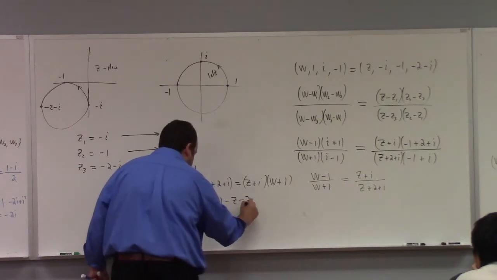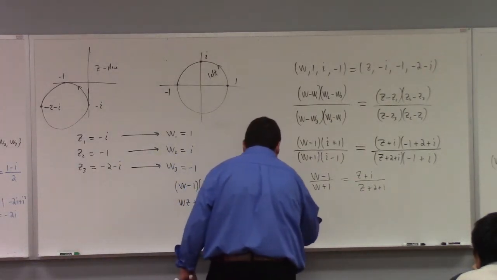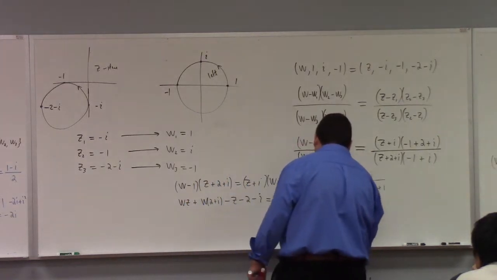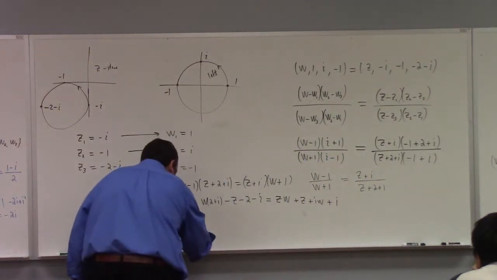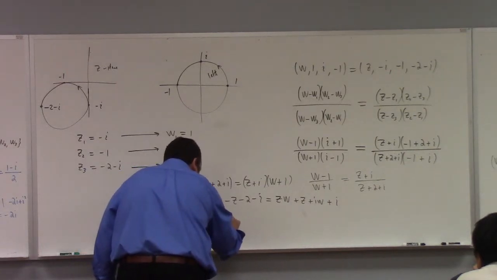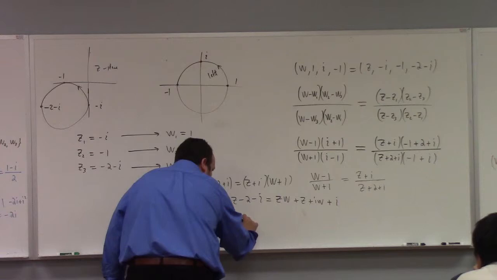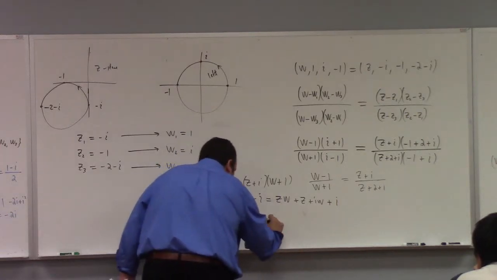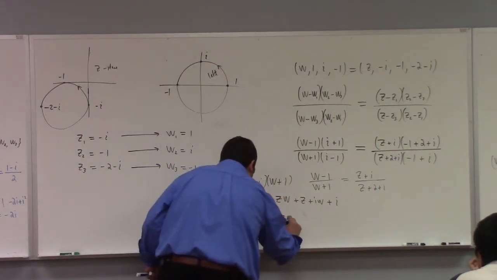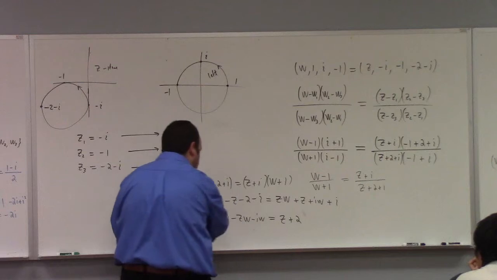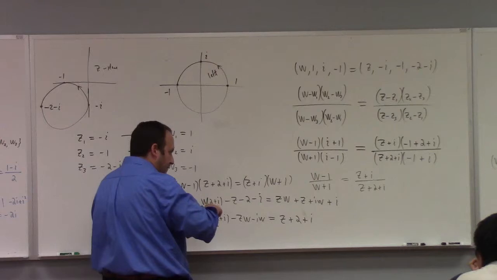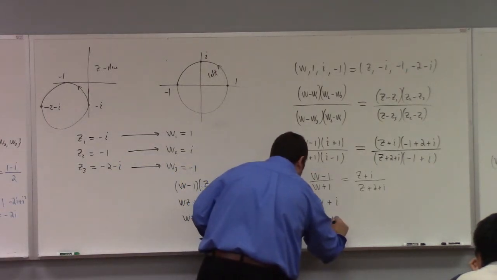Minus z minus 2 minus i equals zw plus z plus iw plus i, which gives us wz plus w times 2 plus i minus zw minus iw equal to z plus 2 plus i plus z plus i.